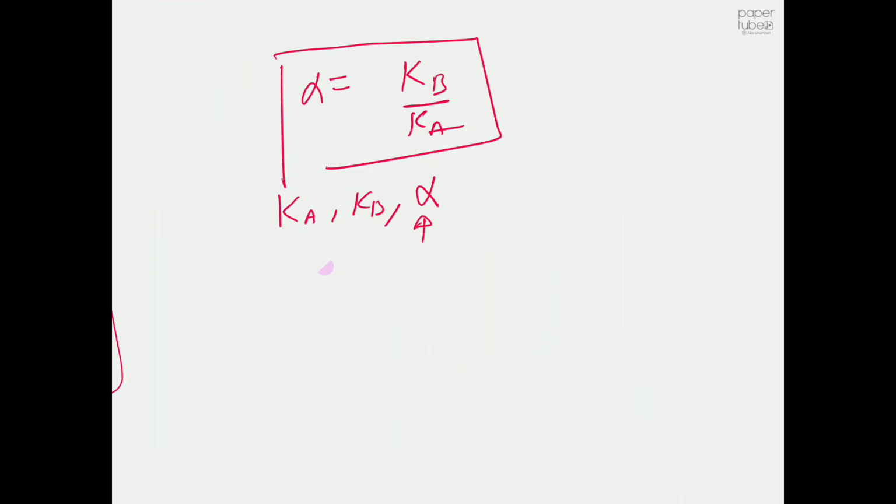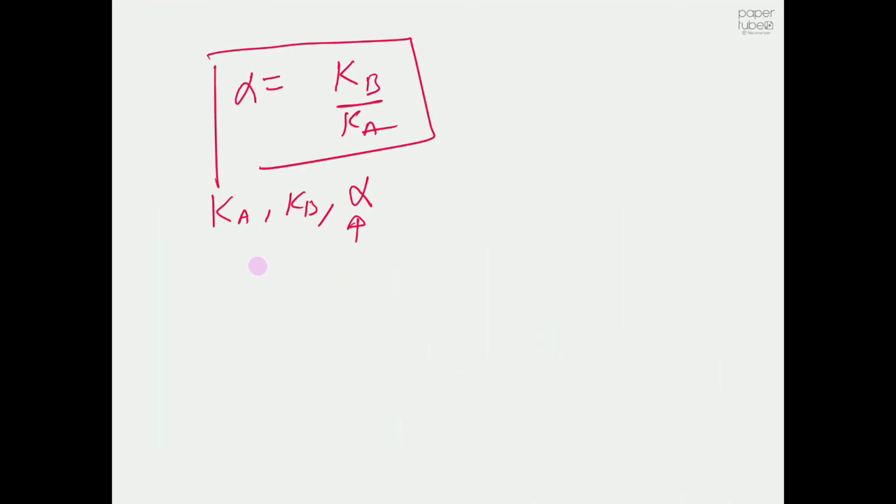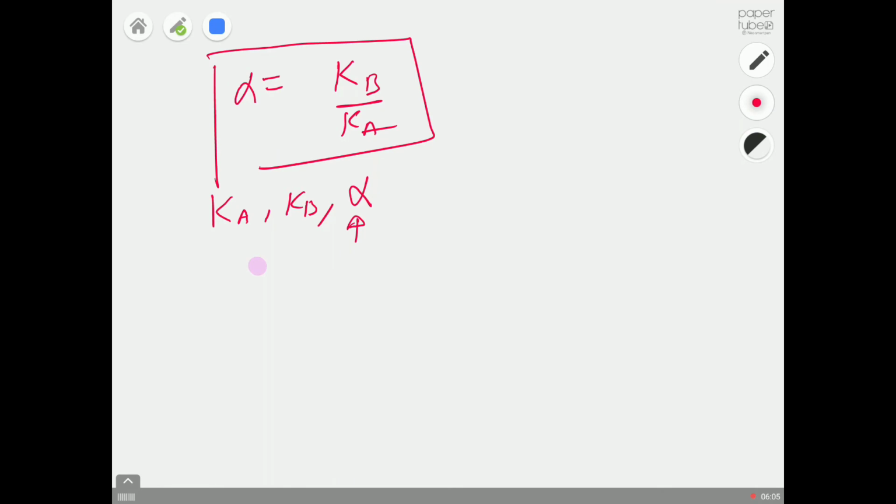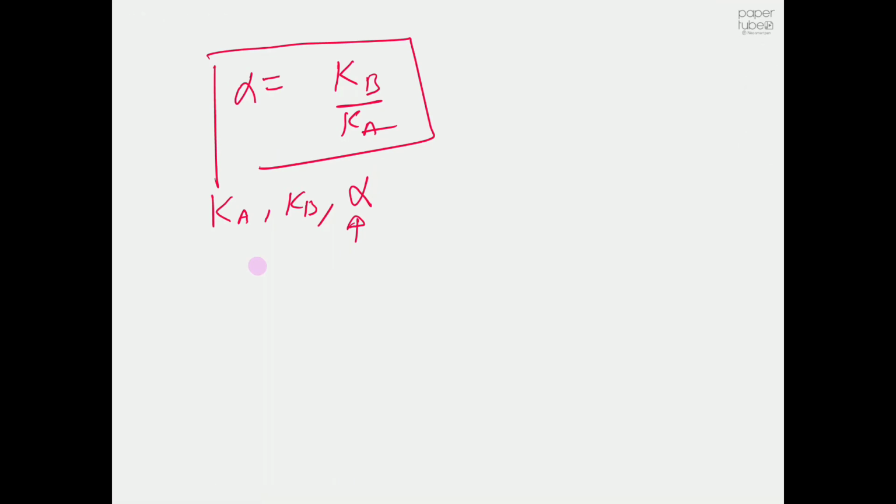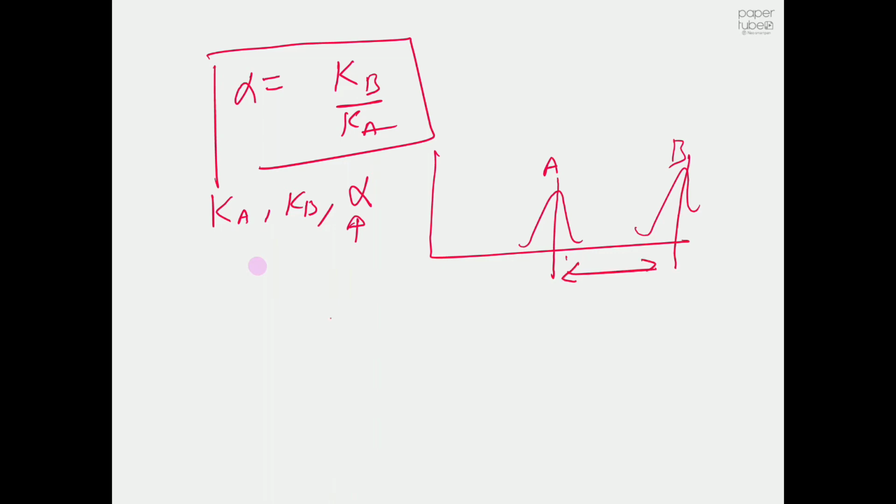So let's go back to this formula. What do I mean by that? If we have some chromatogram like that, say for A and then for B, and this distance is higher, then your alpha value will be higher.